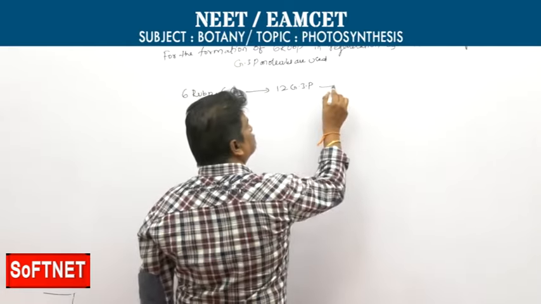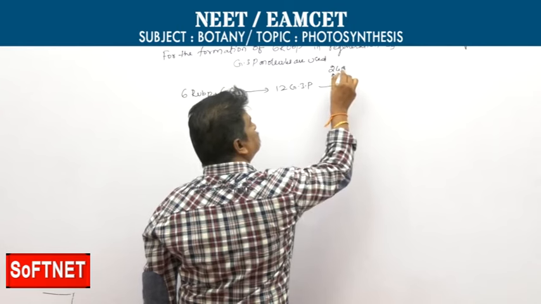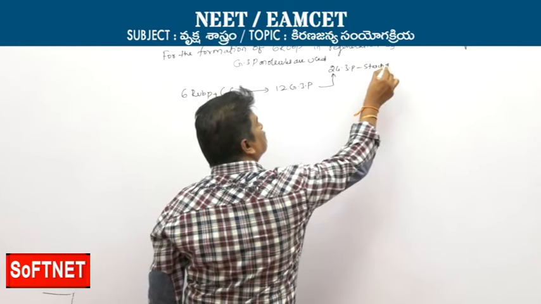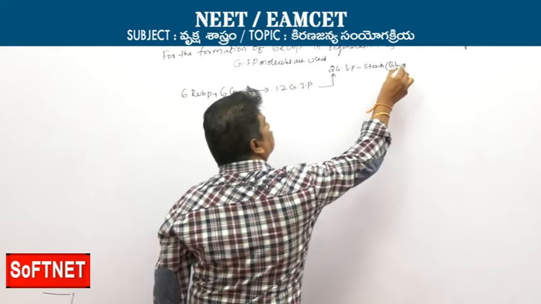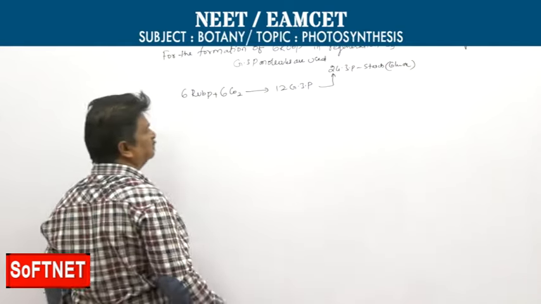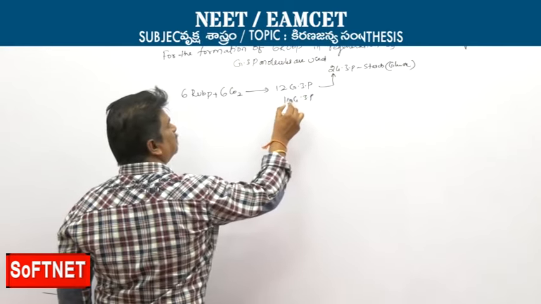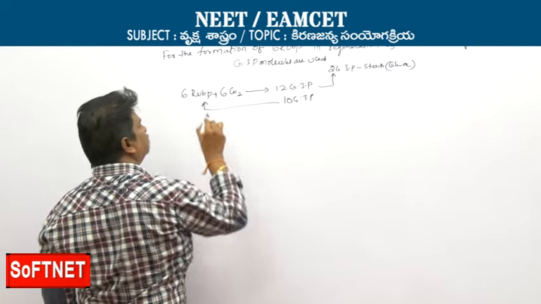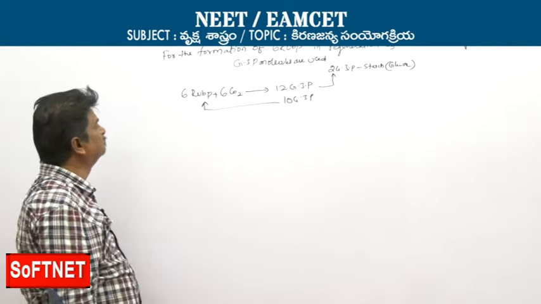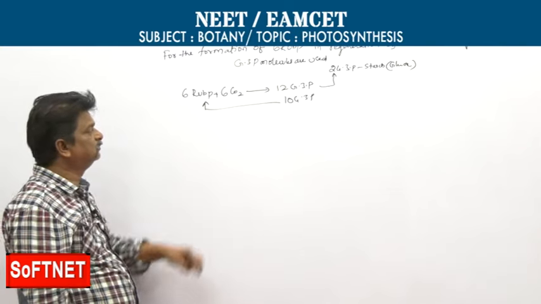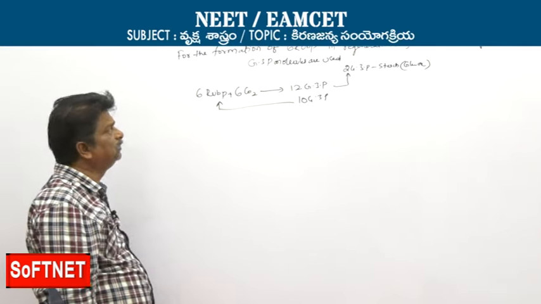Out of 12, 2 G3P are exported into the cytosol for glucose formation. So, how many G3P are left? 10 G3P are left. These 10 G3P are used for regeneration of 6 RuBP. So, the answer is 10 G3P.